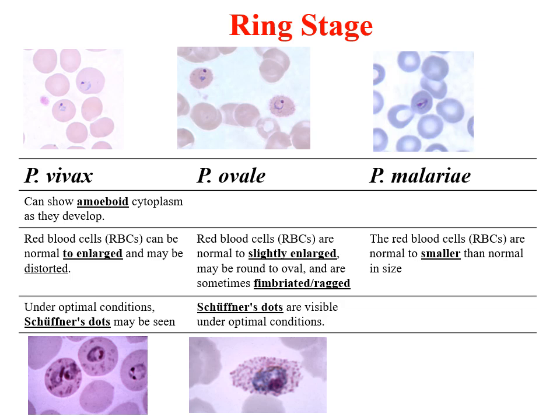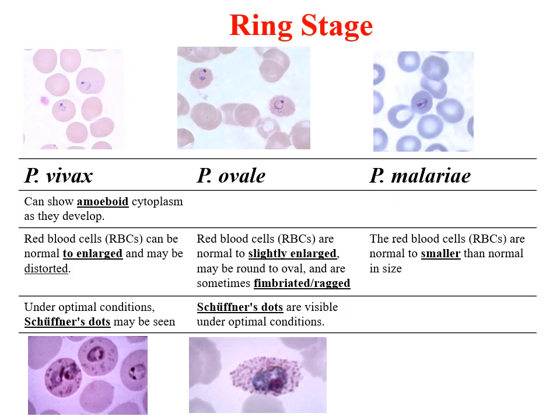stages. I will start with the ring stage of Vivax, Ovale, and Malariae. I would like to emphasize that for Plasmodium vivax, whenever the red blood cells are infected, they can have a normal to a slightly enlarged size, similar for Ovale.